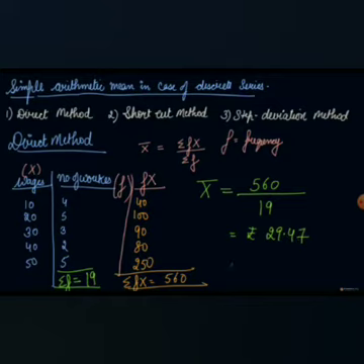So the average wages of the worker is rupees 29.47. This we have found in the discrete series using the direct method. So just one change from the individual series is that there are frequencies, so you just have to multiply the frequency with your x, that is the variable.